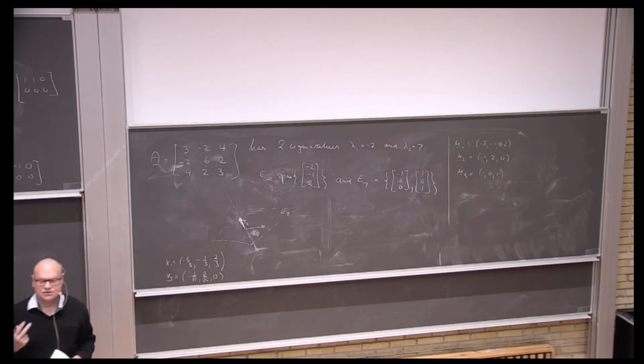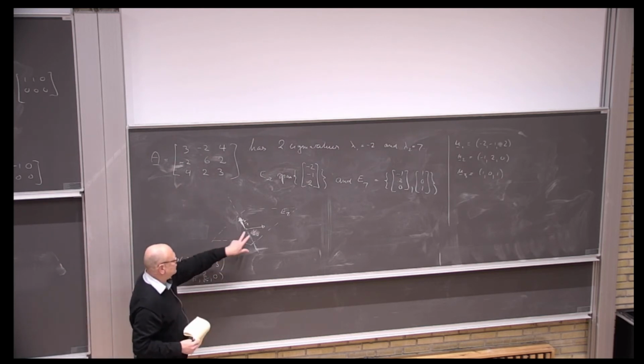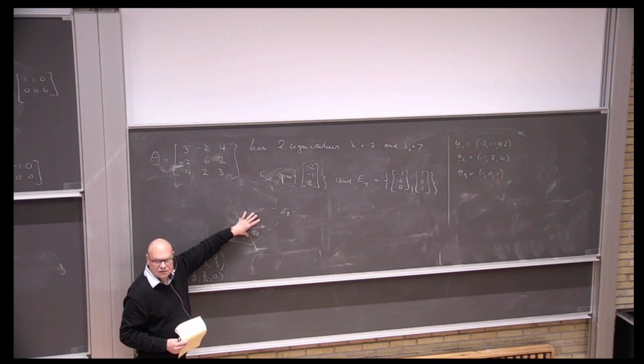Now I have two vectors, but I miss the third one. And I can, of course, use the Gram-Schmidt method. But I can also use the fact that I know that the third vector will be in the eigenspace E7.